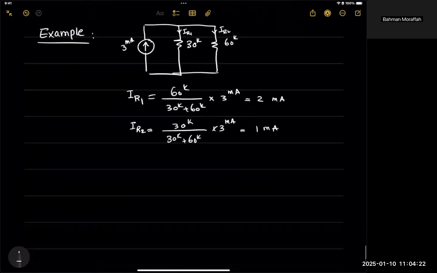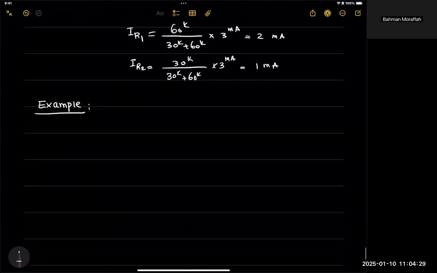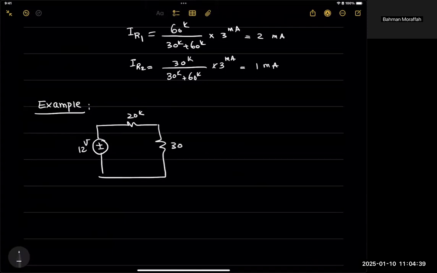Let's do another example to make it a little more interesting. Let's say I have a circuit that looks like this, followed by a 20K resistance, another 30K, and another 20K.